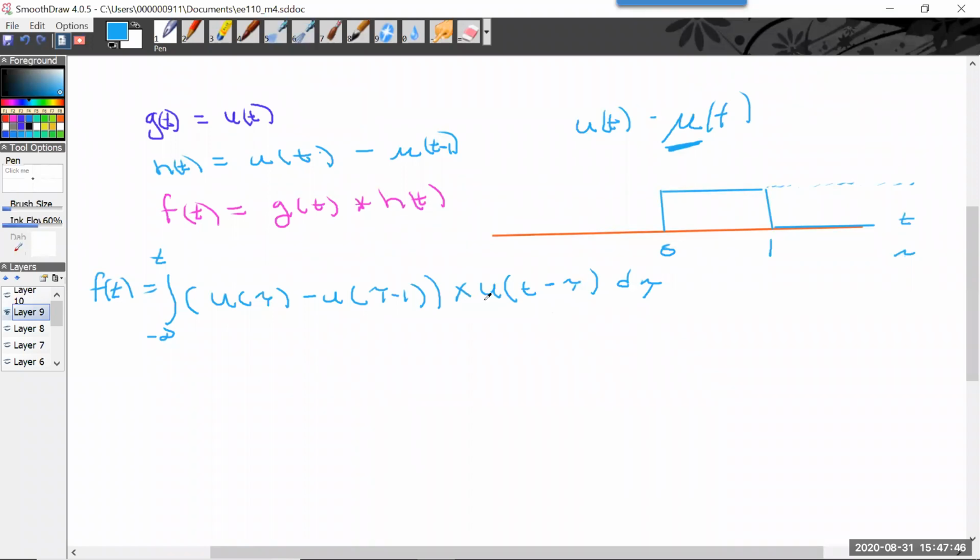And so what I get is a flipped step function that now I'm advancing. And it isn't until these 2 shapes overlap that we start to get any area.